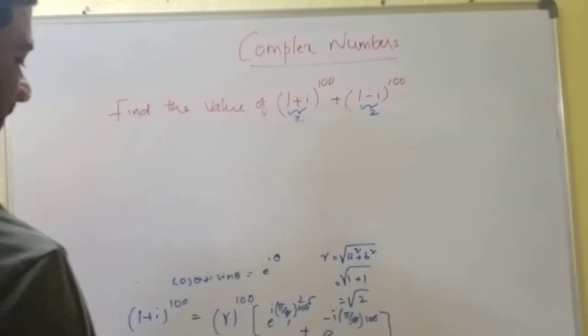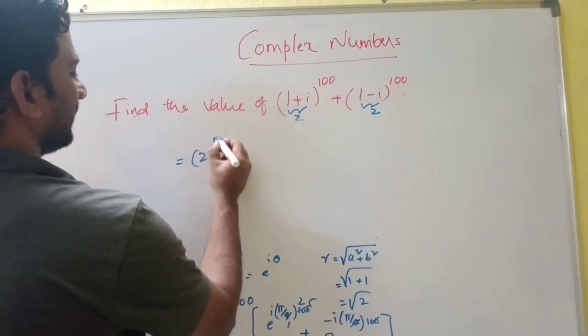So what will you get next? Root 2 power of 100 equals 2 power 50.